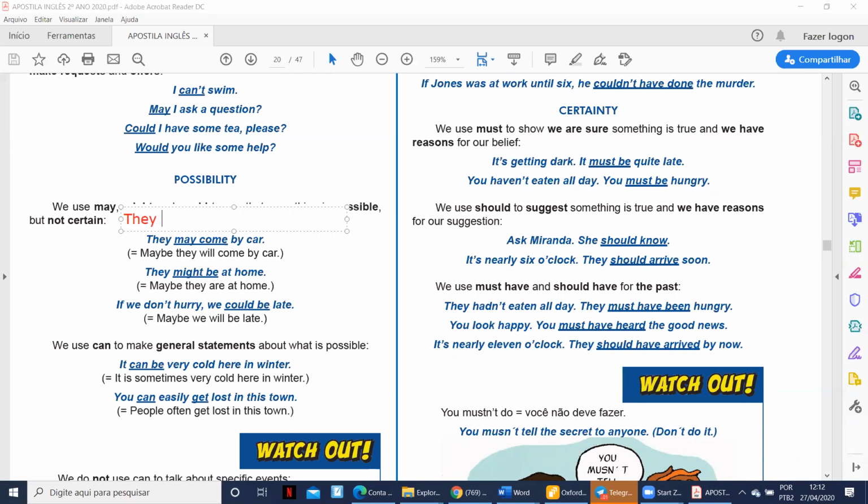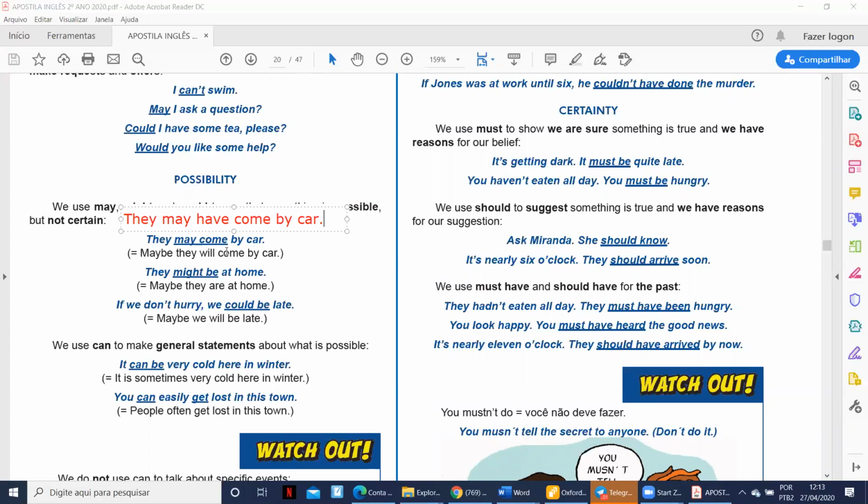But let's say that they have already arrived. And I say they may have, oops, they may have come by car. They may have come by car. It means they have arrived. I don't know how they arrived here, but I think they have done it by car, okay?